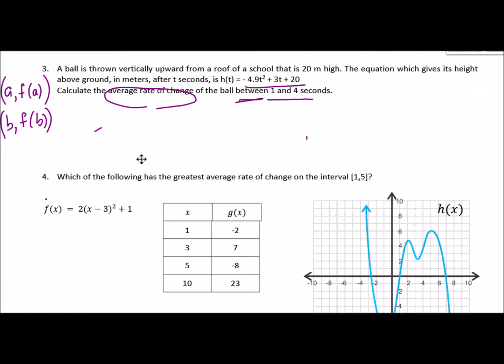So automatically you should know that a is 1 and b is 4. Now if I want to find f of a, that means I have to do f of 1. And what that means is in this function up here, everywhere there's a t, I got to plug in a 1.